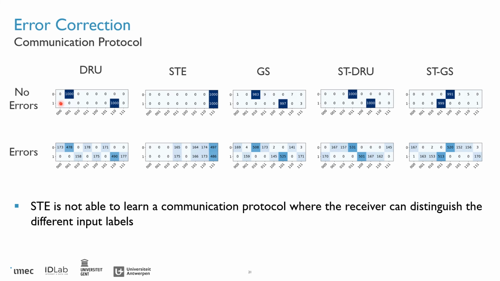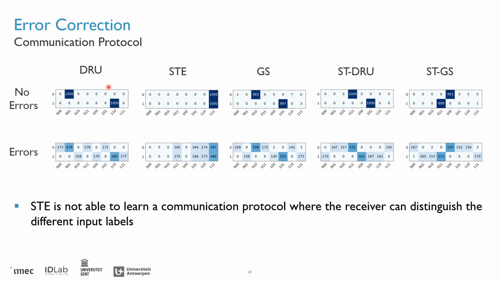Here we can already see a big difference between the straight-through estimator and the other methods. The straight-through estimator represents both of the input labels using the same message. And this of course means that the receiving agent isn't able to determine which label the other agent got, and therefore isn't able to correctly choose an action.